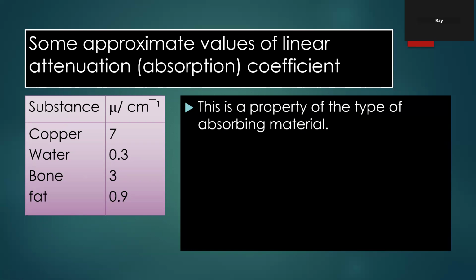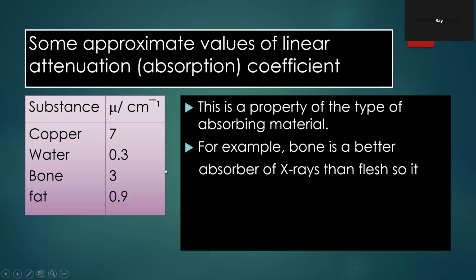This is a property of the type of absorbing material, whether it's copper or water. For example, bone is a better absorber of X-ray than fat or flesh, so it has a higher mu. Copper also has a higher mu.